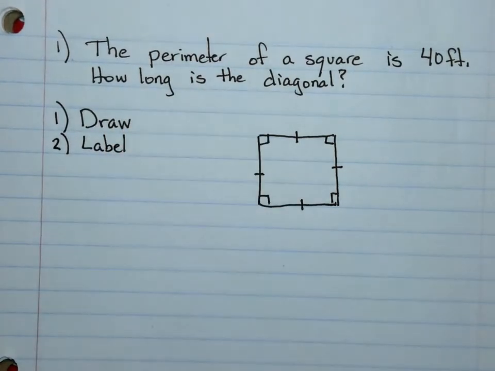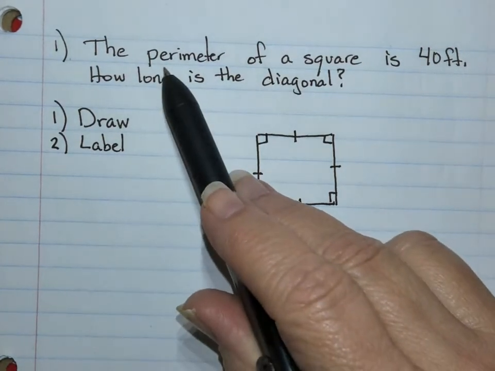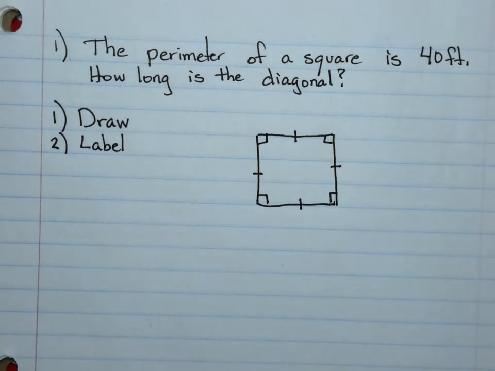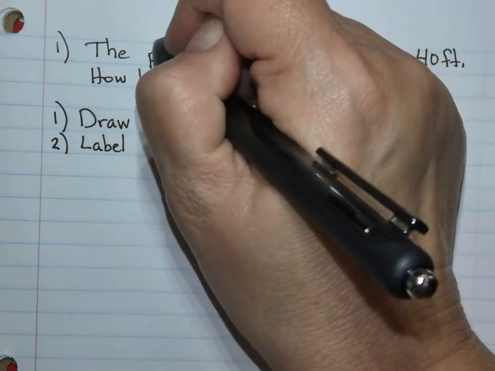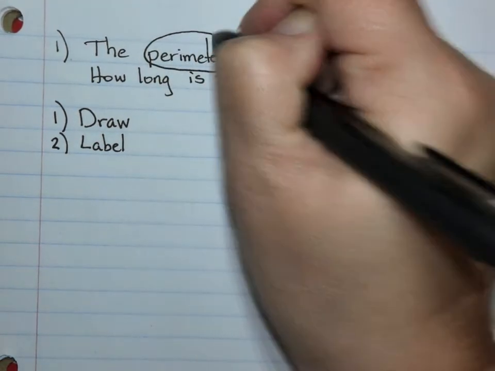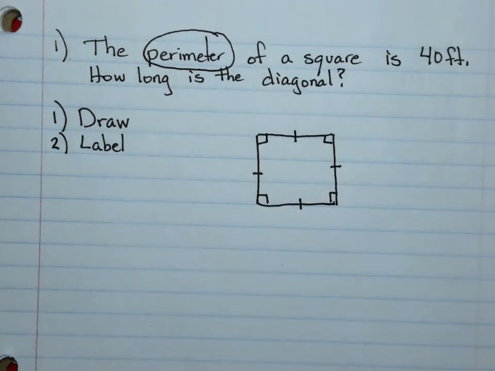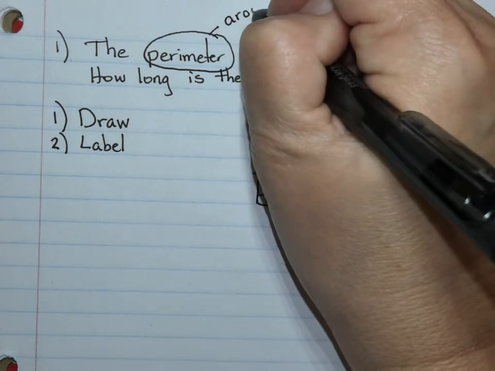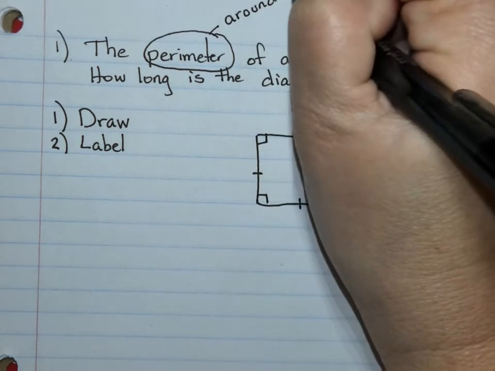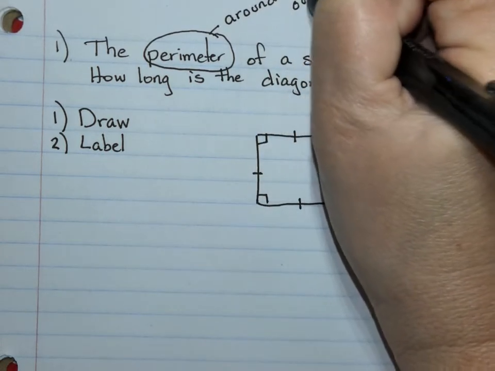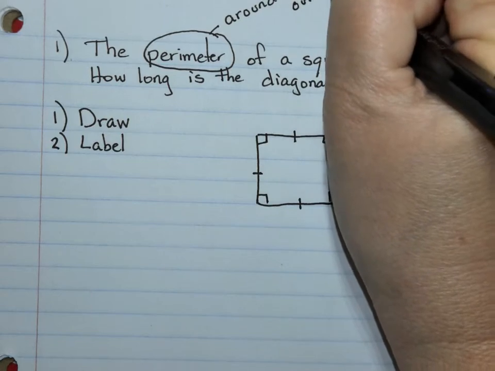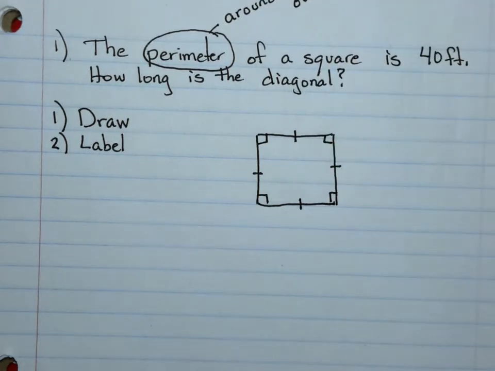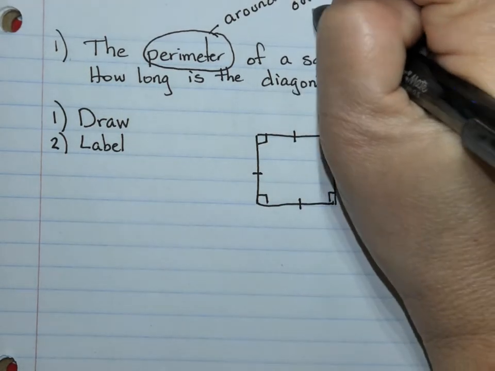Alright, part 2 is to label, right? So they're going to give you some other information or some numbers in your problem. So it says the perimeter is 40 feet. So what does a perimeter mean? Remember that perimeter goes around the outside of a shape. Always teach students to think that perimeter is like a fence.